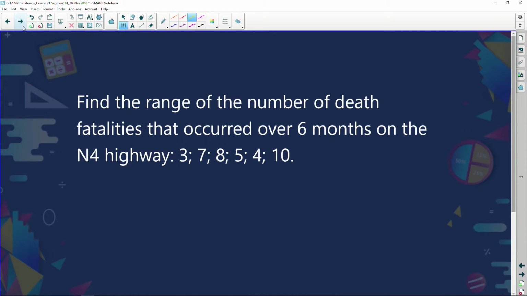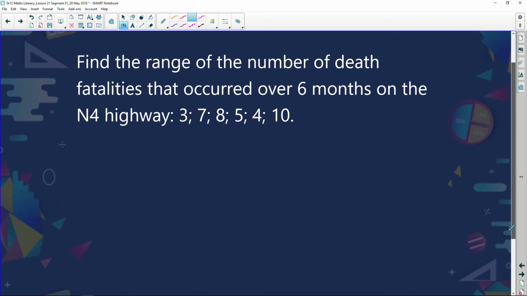We're going to do one little example just to get our minds working and make sure we haven't quite forgotten it. Find the range of the number of fatalities that occurred over 6 months on the N4 highway. My range is equal to the highest minus my lowest.